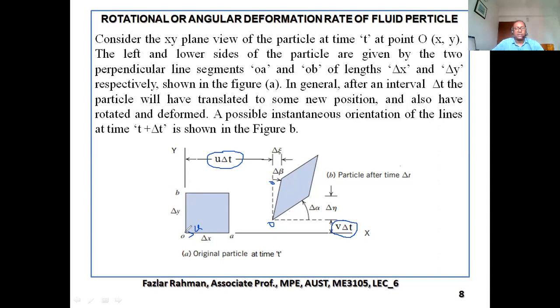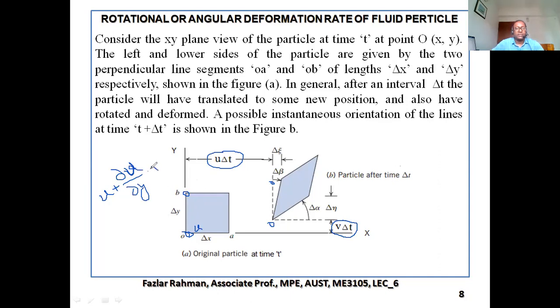If it is right over u, what will be the velocity at point B? We can easily figure it out by Taylor series. That will be u plus the change in velocity along the y direction, which is del u by del y into delta y.